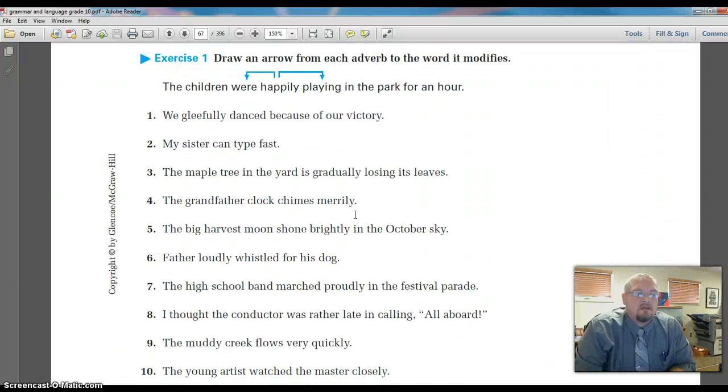Let's look at exercise 1. Exercise 1. Draw an arrow from each adverb to the word it modifies. The children were happily playing in the park for an hour.